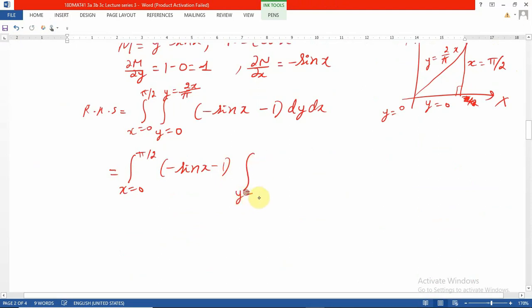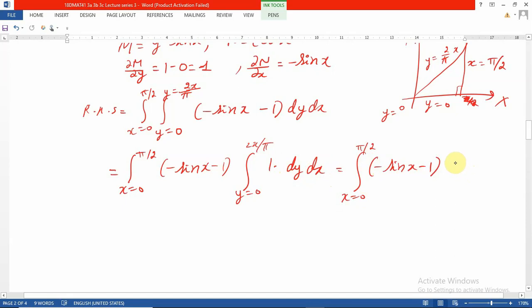Integration y 0 to 2x upon pi 1 into dy dx. Because there is no variable y, therefore I have taken 1. Integration of 1 is y. So therefore this is equal to integration x 0 to pi by 2 minus sin x minus 1.